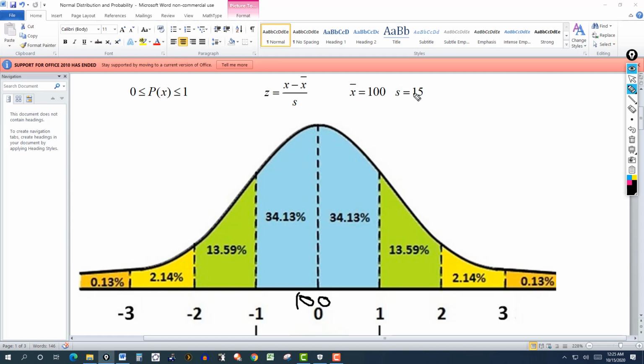The standard deviation is 15, so if I go 15 units this way, that gives me 115. So we're 1 standard deviation above the mean. If I go 2 deviations above, this would come out to 130. Another 15, this would be 145.